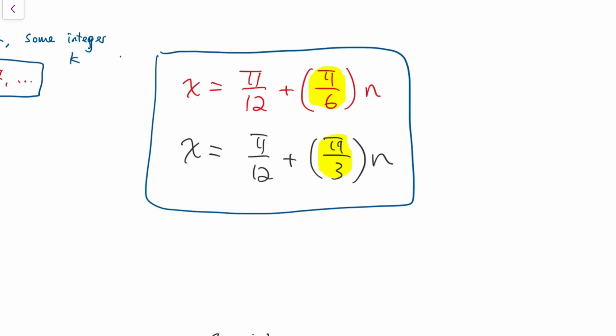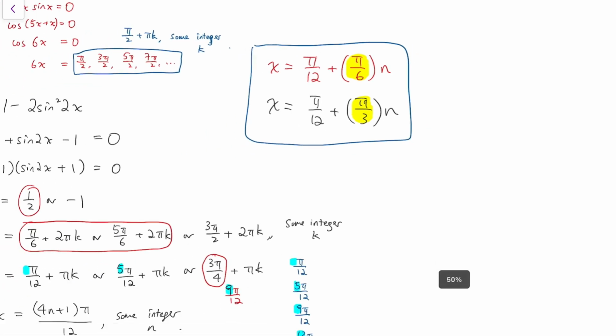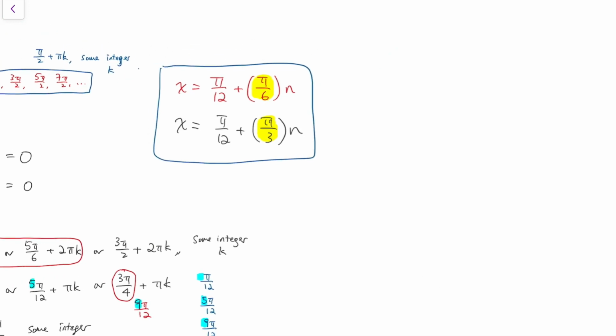Pi over 6 is exactly half of pi over 3, or I should say pi over 3 is exactly double of pi over 6. So I can just conclude by saying that, combining, our final answer is x equals pi over 12 plus some multiple of pi over 3.